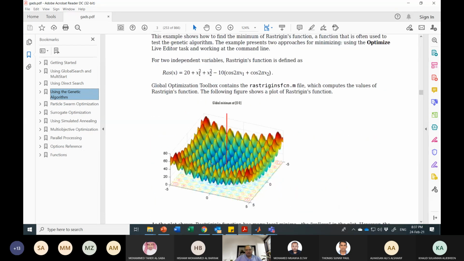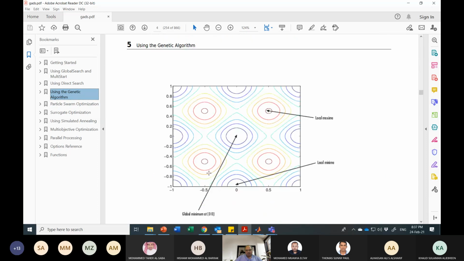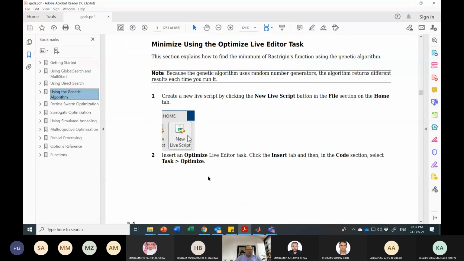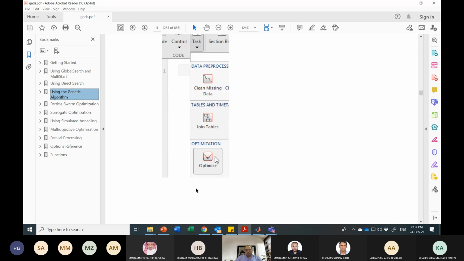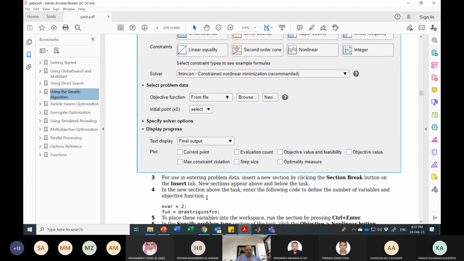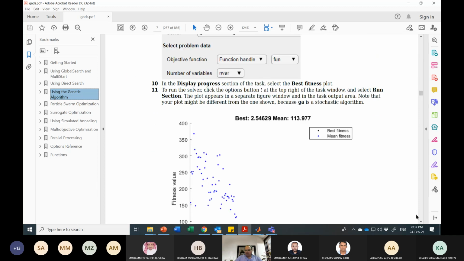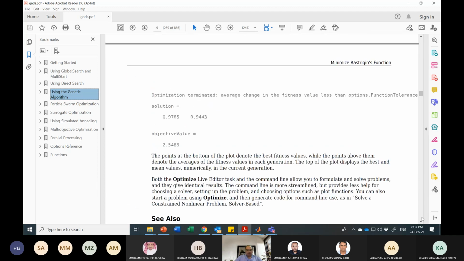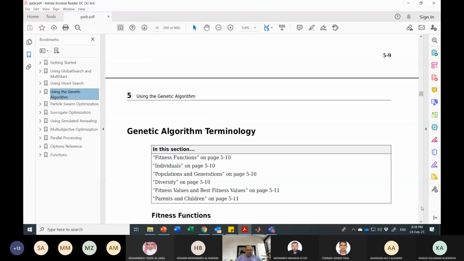For optimization, we have some standard functions which are difficult for any technique to test against, and the technique should reach the known optimal solution. This is the graphical interface, and you can see several examples here.